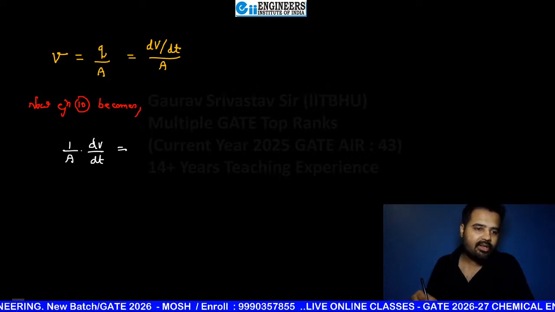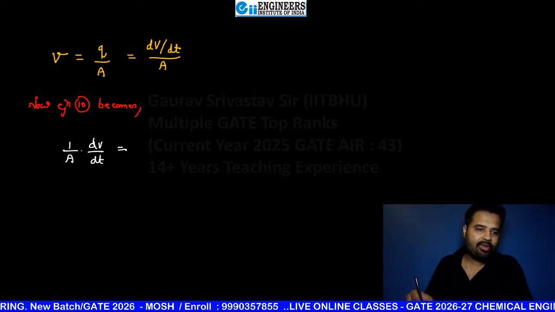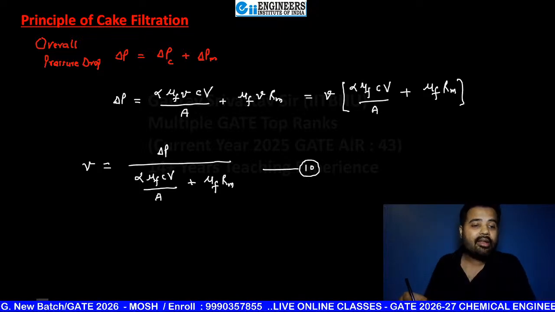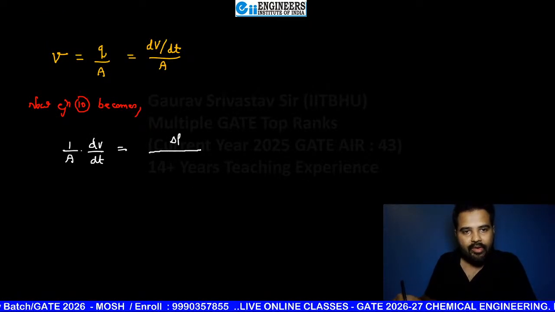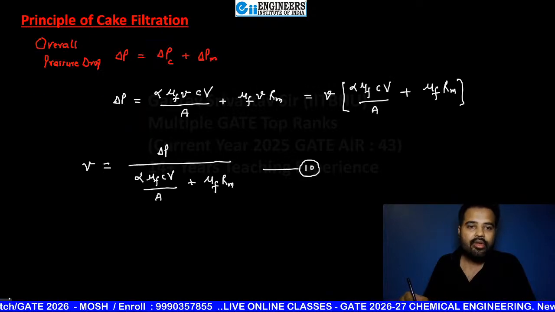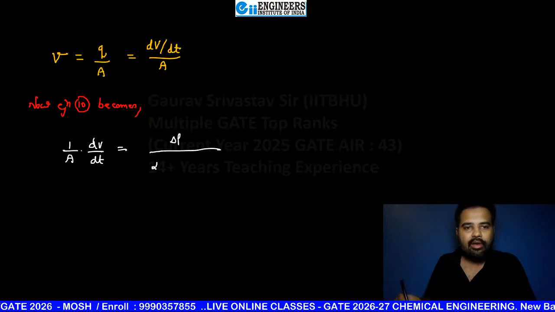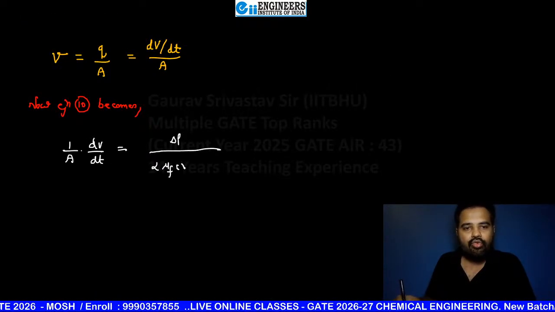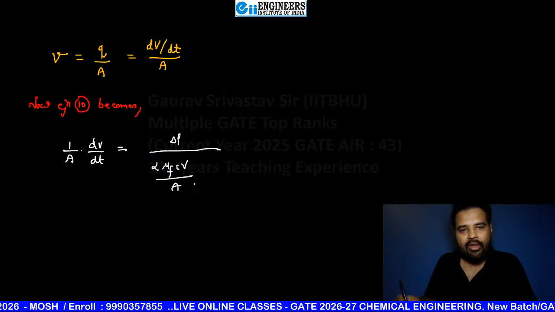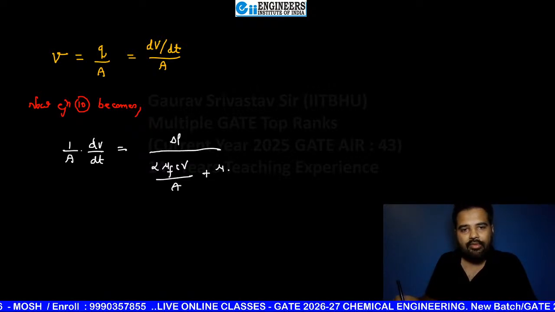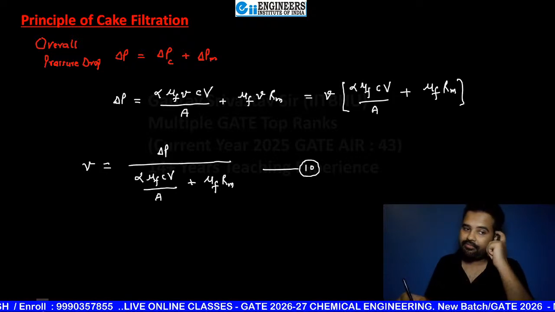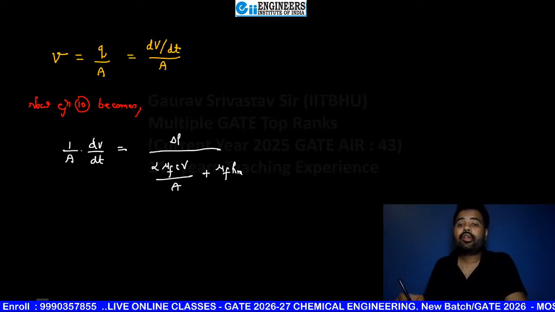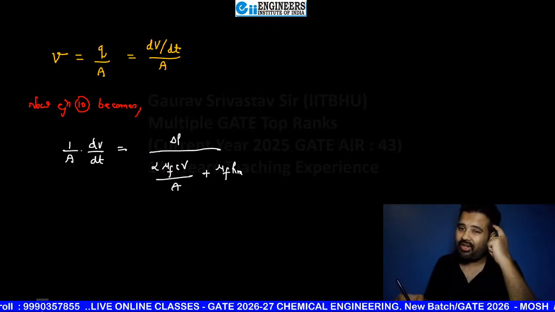Very good. So now I am rearranging it, and I can write it like 1 by A into dV by dt equals delta P upon alpha mu CV upon A plus mu f Rm. Just check it. Yes, we are correct. Now you have to solve this differential equation.